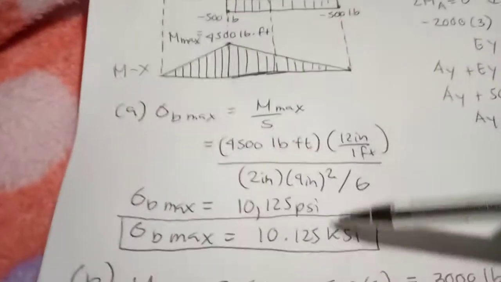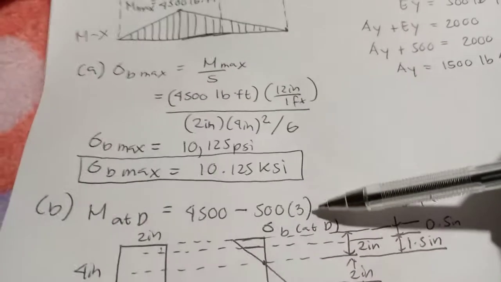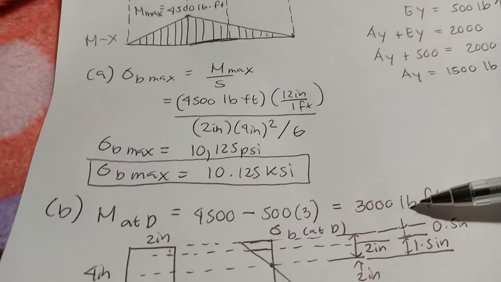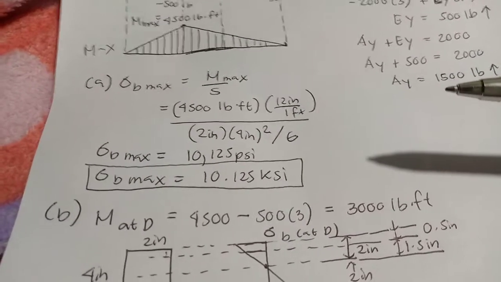So 4,500 minus 500 times 3. So we will have 3,000 pound-foot.